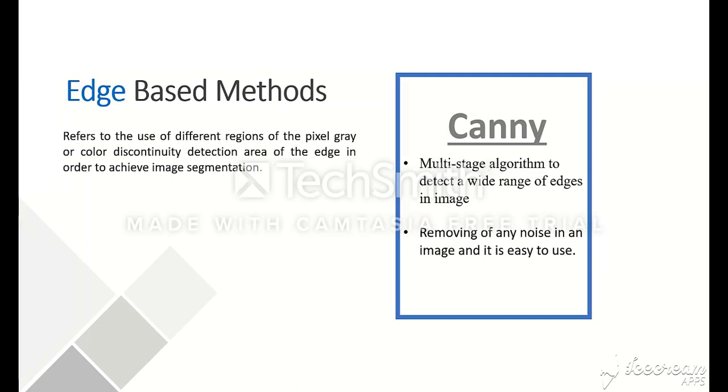It is the most rigorously defined operator and is widely used because it is the most optimal method of finding edges with good detection, good localization, and single response to the edge. It is also easy to use and removes noise in an image.